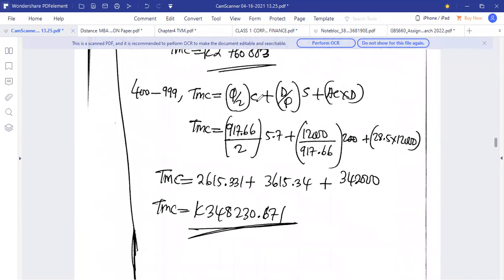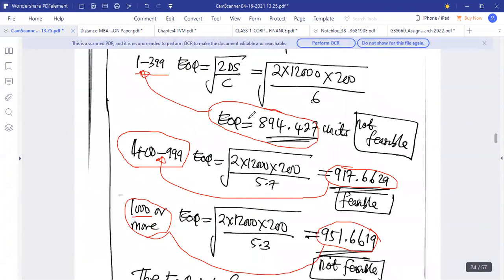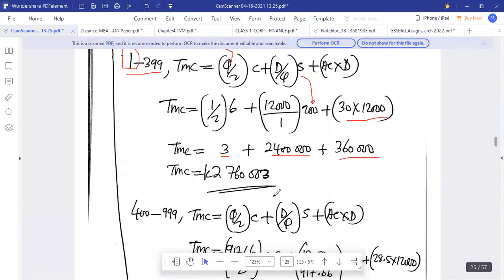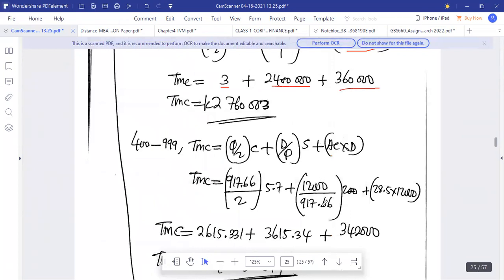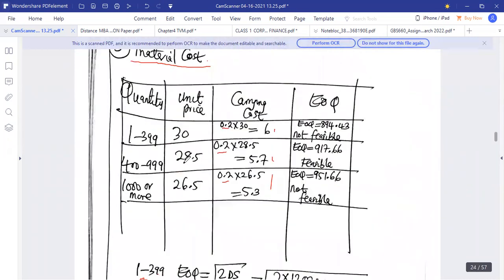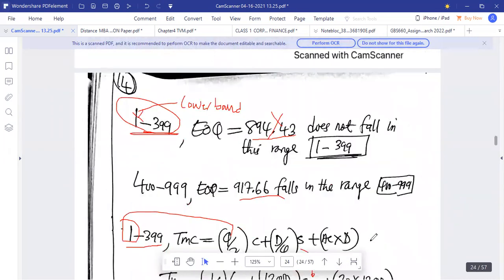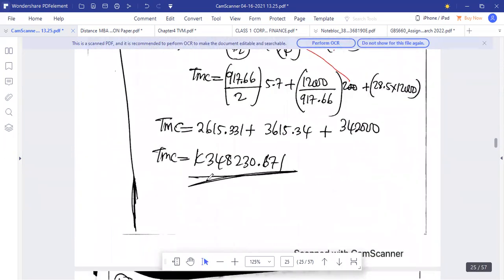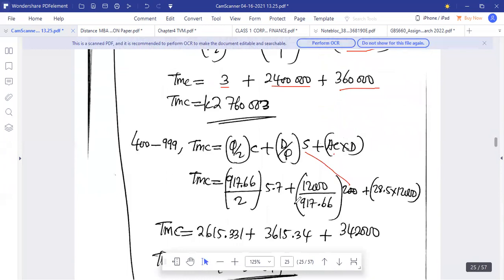The carrying cost for this one, you go back and check because we already calculated it, which is 5.7. Then D is 12,000 over this by 200, which is the ordering cost. Then the unit price we can check here is 28.5, multiplied by annual demand of 12,000. Then we are getting 348,230.67. That's the total material cost when you're adding these ones.